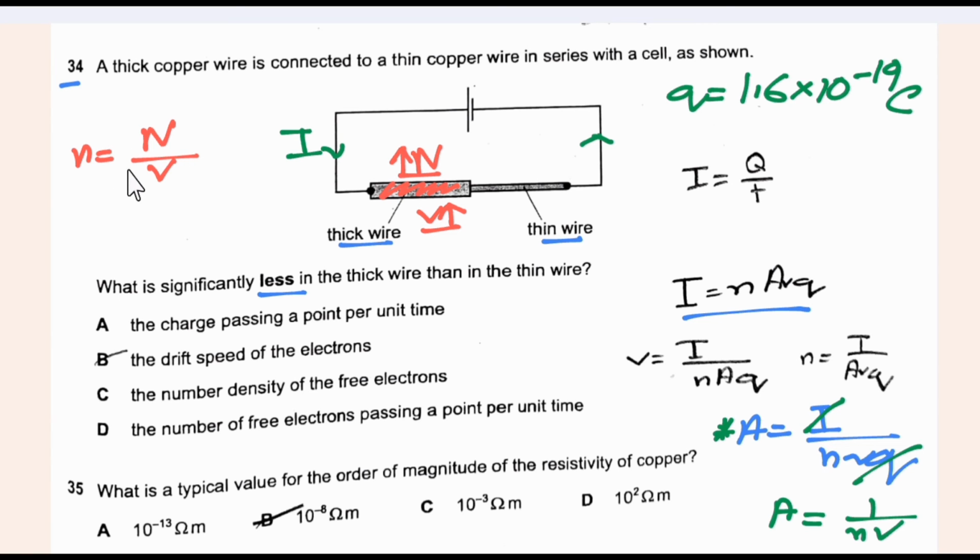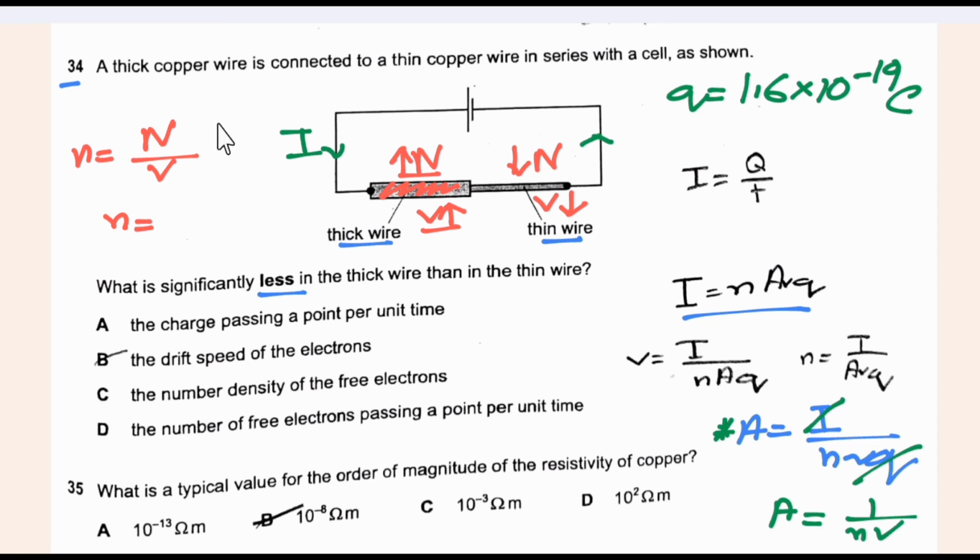So the volume is more and the number of free electrons is more. And for the thin wire we can see that the volume is less, since it is a thin wire, and the number of free electrons is also less, so the ratio is the same.